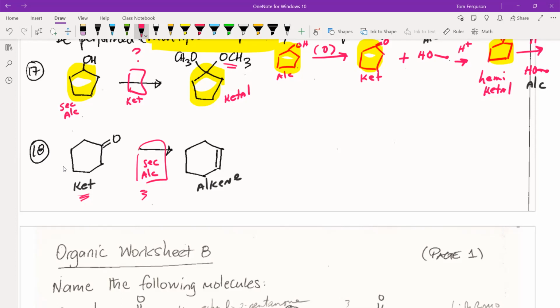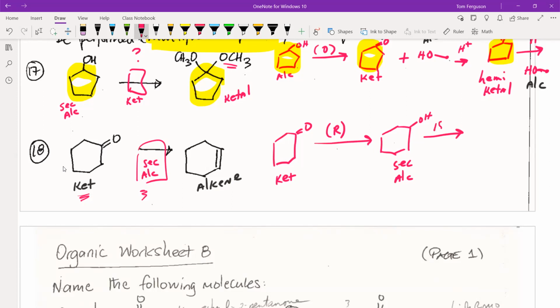So we reduce the ketone to the secondary alcohol. Under 80 degrees.